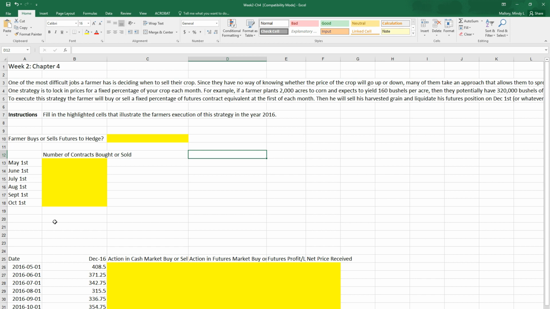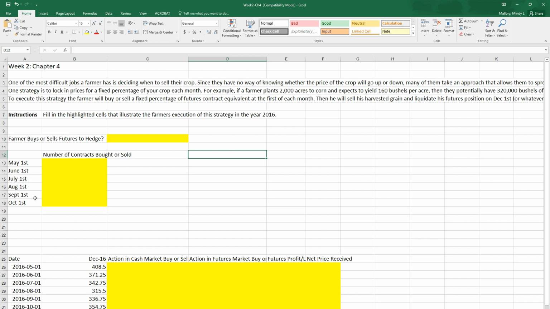So in this example, the farmer should sell roughly 10 contracts each month, and then on the last month he'll have 14 contracts to sell instead of 10 to make up for the extra 4. If he decides to sell a fixed proportion on May 1st, June 1st, July 1st, August 1st, September 1st, and October 1st. Of course, we could have distributed those 4 extra contracts throughout the months, but I'm just going to keep it easy in this case.